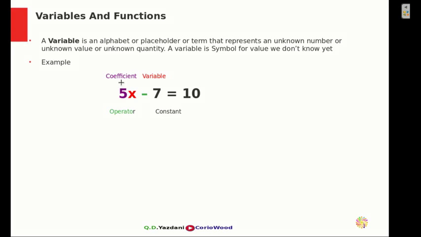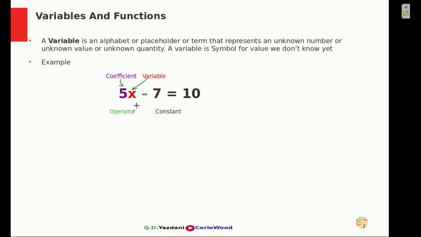Let's define them here. The first one, the 5, is a coefficient. As we said, a variable is an alphabet letter or placeholder or term that represents an unknown number. Which one of them is a letter, like A, B, C, X, Y, Z? We can clearly see that x is a variable.